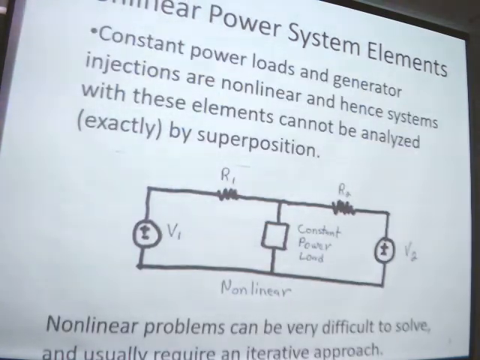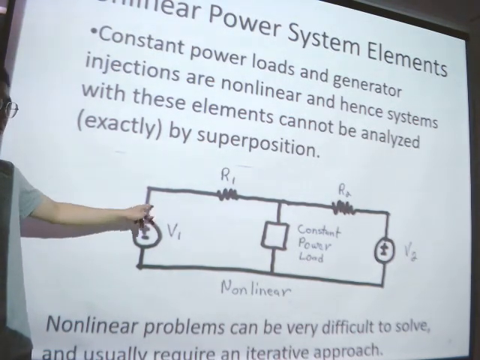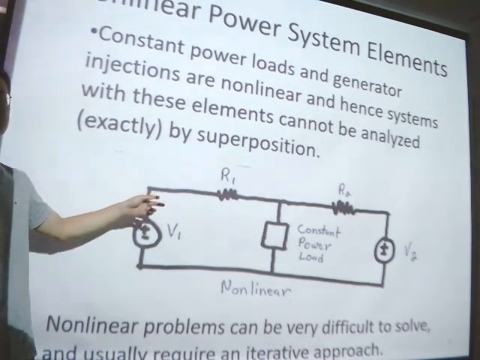But for non-linear power system elements, such as constant power loads and generator injections, we cannot analyze the system with the methods from our previous lectures.